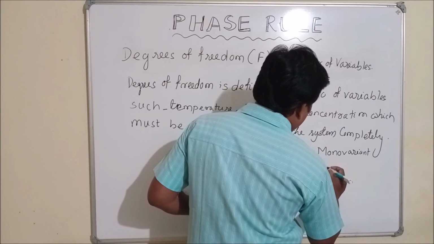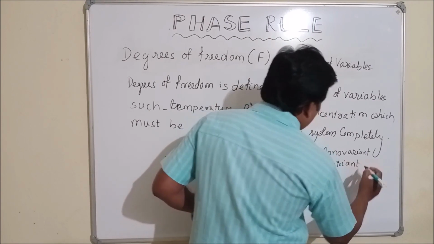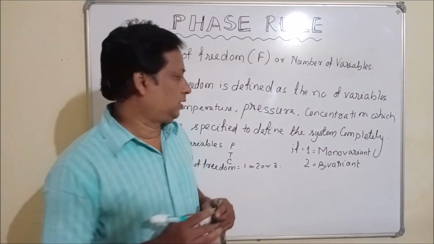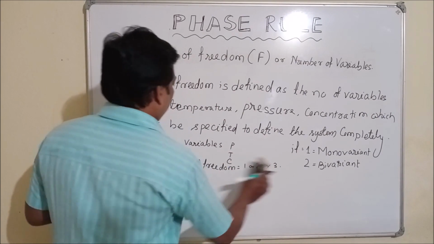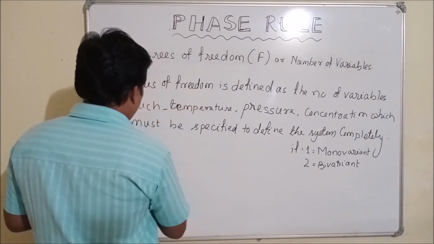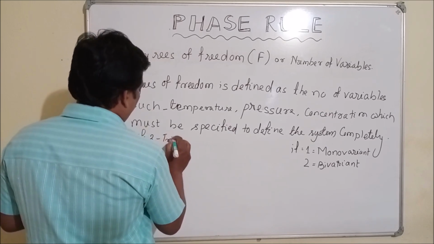If it is 2, it is bivariate. If it is 3, then it is trivariate.